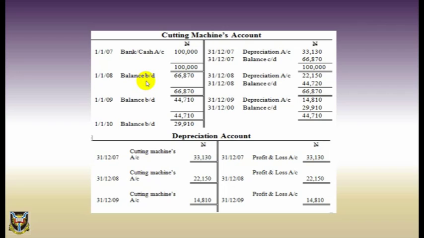Balance B/D 66,870. 1/1/2009. Balance B/D 44,710.